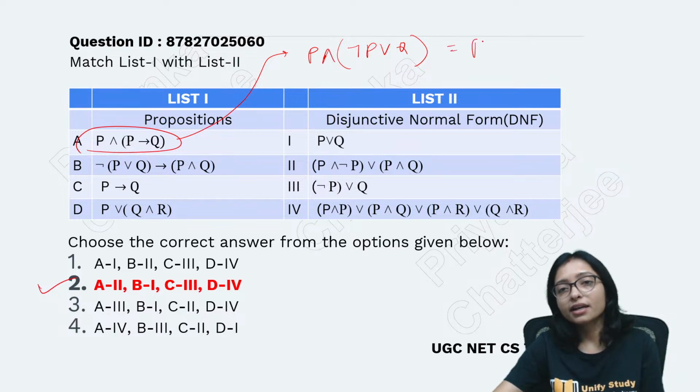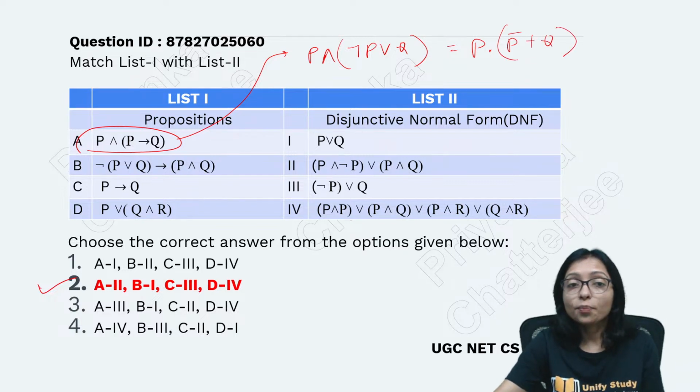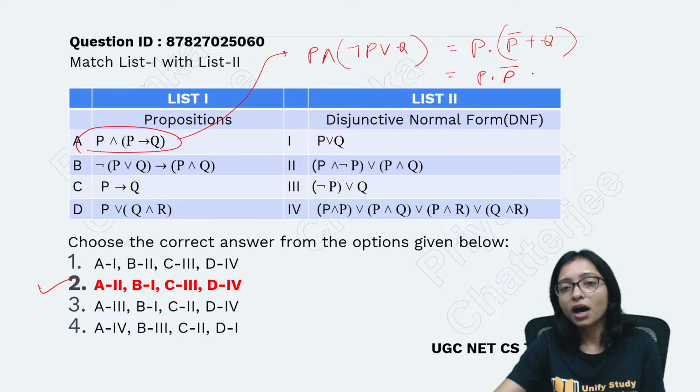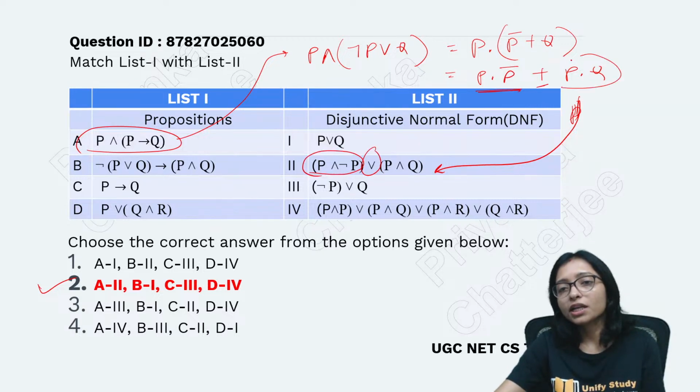Now here I can write it P dot, this is P bar plus Q. Now P dot P bar plus Q, I can write as P dot P bar plus P dot Q. That means it is the same as this. P dot P bar, that is P and P bar, plus means or, and P dot Q means and.